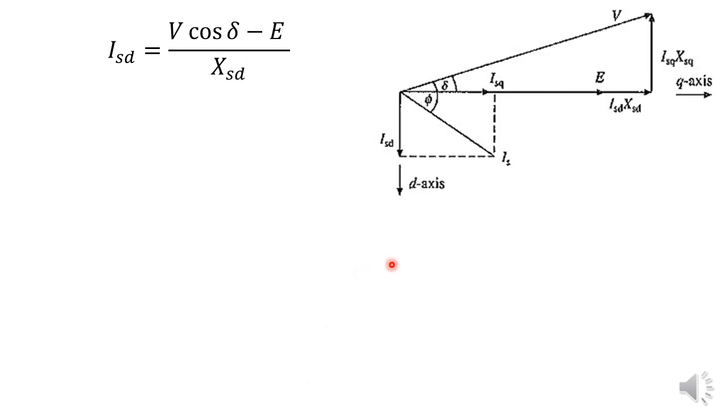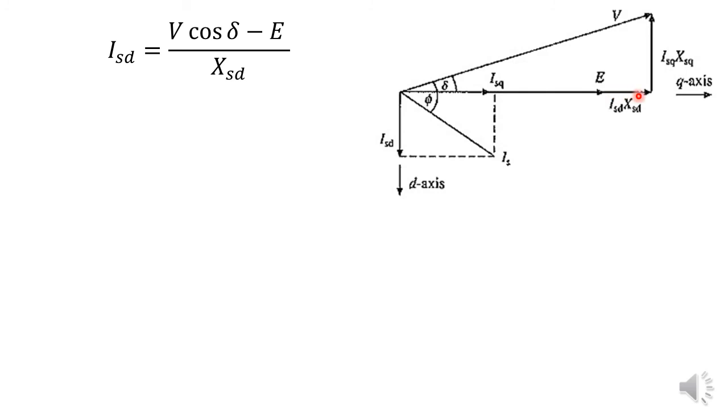First of all, let's write the expressions for the components of stator currents. Is is the stator current. ISQ and ISD are the two components of stator currents along quadrature axis and direct axis. In order to write the expression for ISD, we will write the equation for ISD XSD. This length, this voltage drop, is known as ISD XSD.